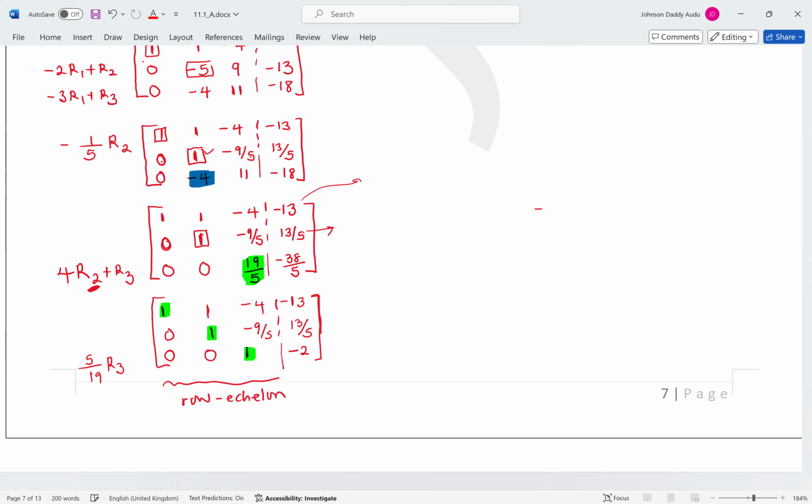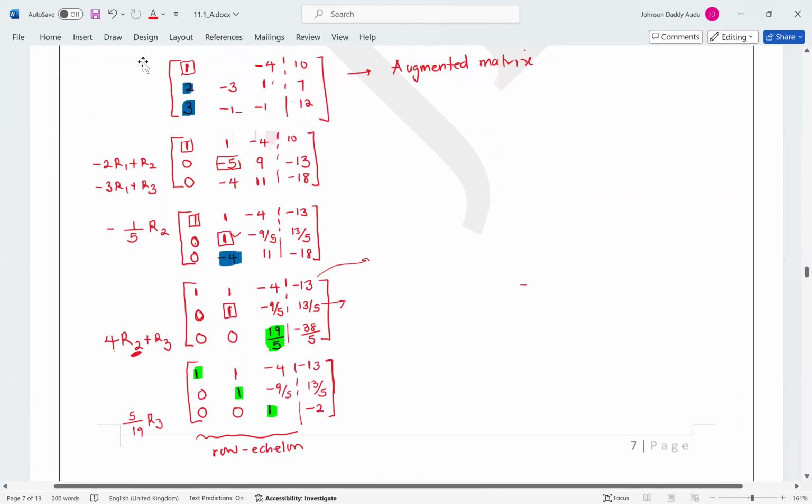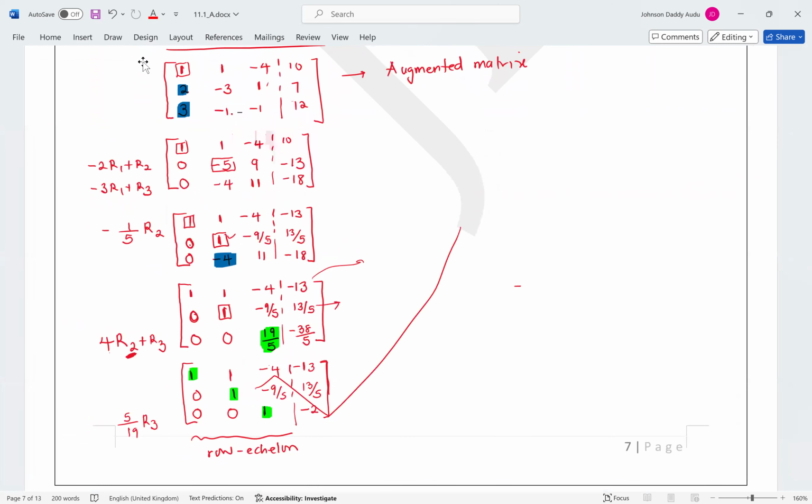Now, since it's row echelon, remember we're using Gaussian elimination. So what will be our solution? Since it's row echelon, then we can just get our answers directly, right? So from the last row, which is row 3, you can see that Z is what?